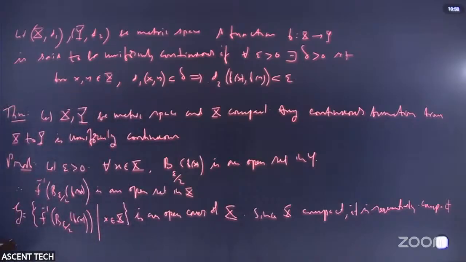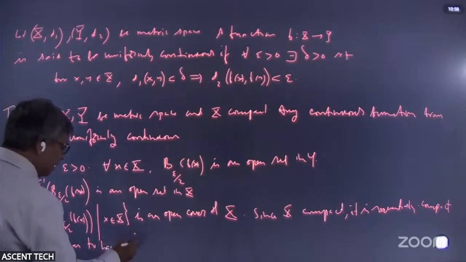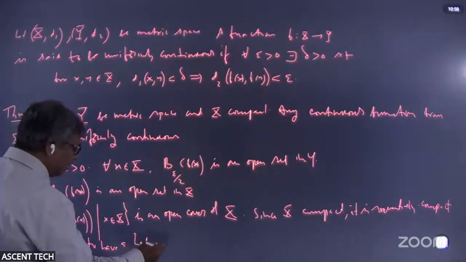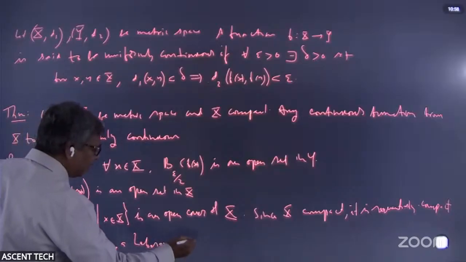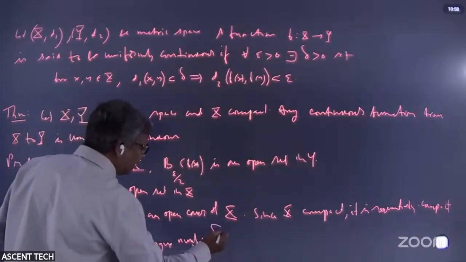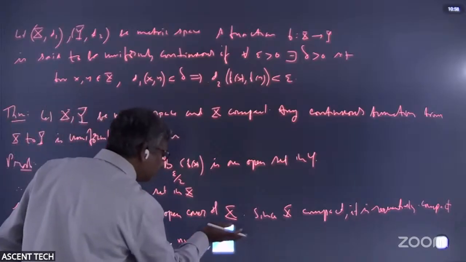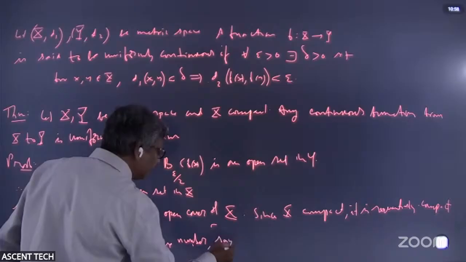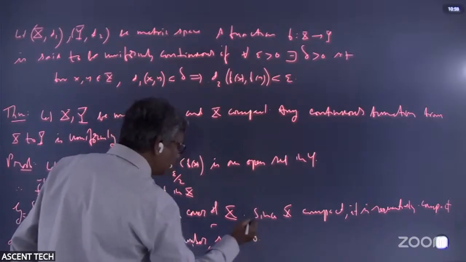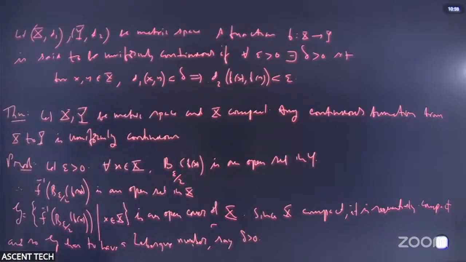So G has to have a Lebesgue number, say delta positive.